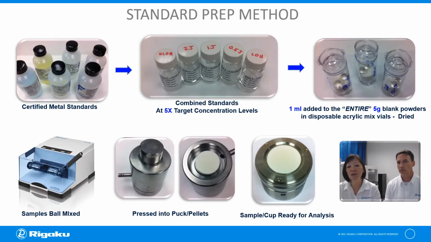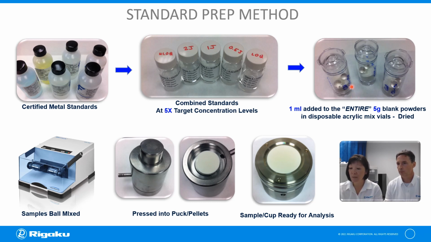So before we get into that, let's talk about sample prep. How do we prepare this in order to build our calibration? So what we did here is we took some ICP standards of the class 1 and class 2A, then made a cocktail out of it at a 5x concentration above what we were shooting for. From there, we would add 1 ml into what we're using here, which is blank powders, which is actually just cellulose to mimic the excipients of the material.